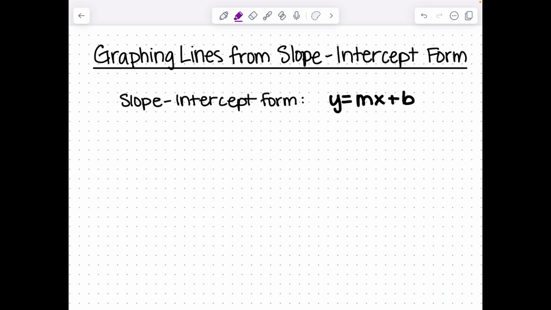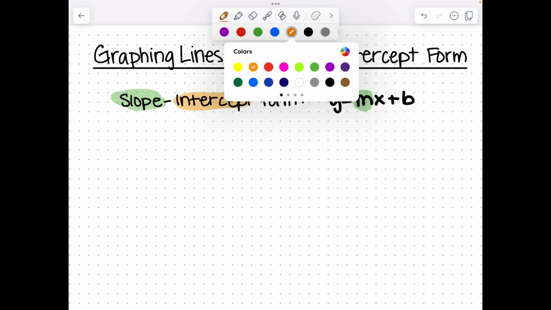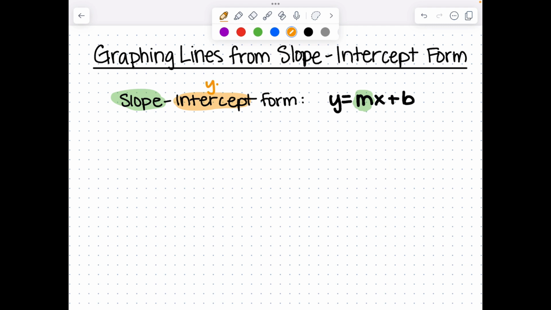It's called slope-intercept form because your slope is represented in that m spot, that coefficient of x, and your y-intercept, that is that constant number at the end. Positive numbers, negative numbers here will mean something different, but we'll talk about that in our examples.